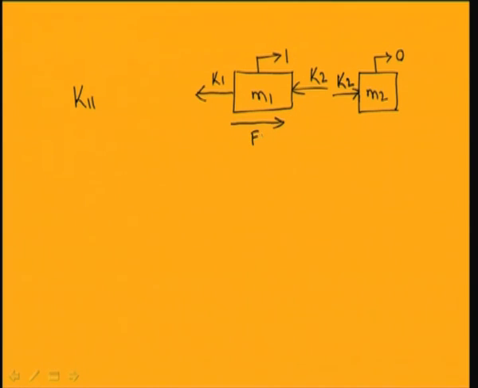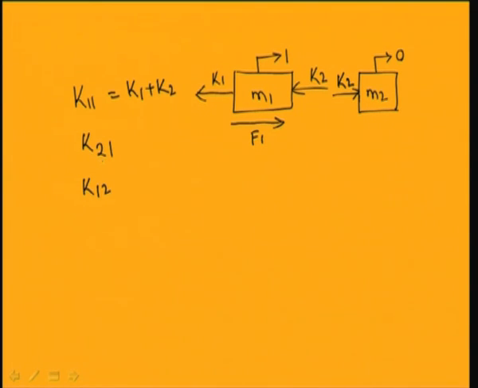So, this is F1 or K11, which is equal to K1 plus K2. Similarly, K21 is the force required at 2 to have unit displacement at 1, and K12 is the force required at 1 to have unit displacement at 2.